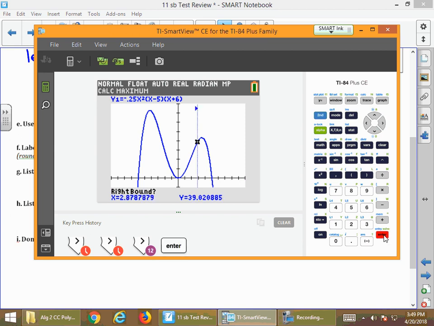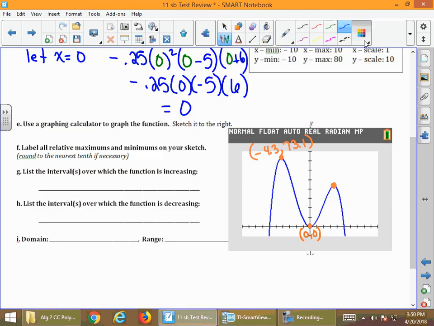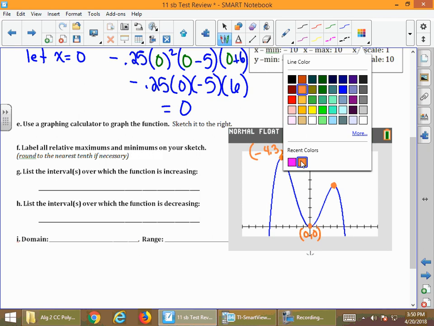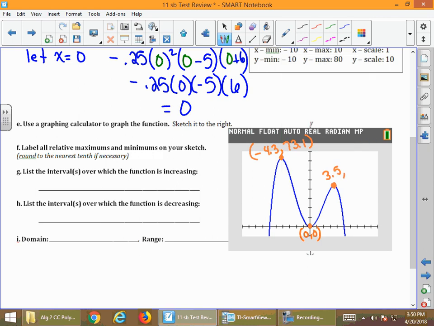A little bit to the left, enter. A little bit to the right, and enter one more time. Down here at the bottom of our screen, we see that we've got a maximum at 3.51, which rounds to 3.5, and then 43.64, which rounds to 43.6. So 3.5 and 43.6.